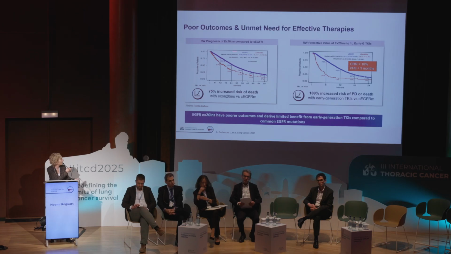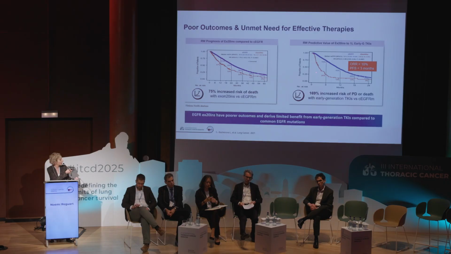And you can see here common treatments such as chemotherapy or immunotherapy fall far short of those of patients with common EGFR mutations treated with tyrosine kinase inhibitors. And an important thing also, you can see it here, the predictive value when using early generation tyrosine kinase inhibitors is very low.